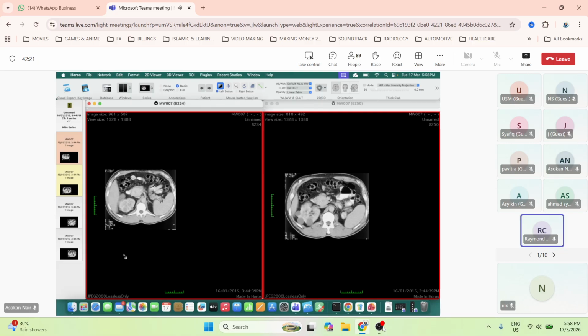So I will review other phases of the CT abdomen pelvis to look for the arterial enhancement of the pancreatic head lesion, which could be a metastasis, because renal cell carcinoma is a hypervascular lesion. So where was the renal cell carcinoma? You're saying it's from the left side? Yeah, because it could be a history of nephrectomy of the left side.